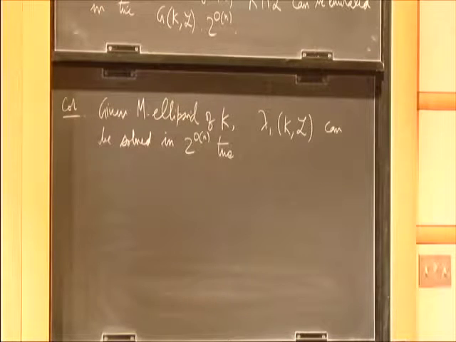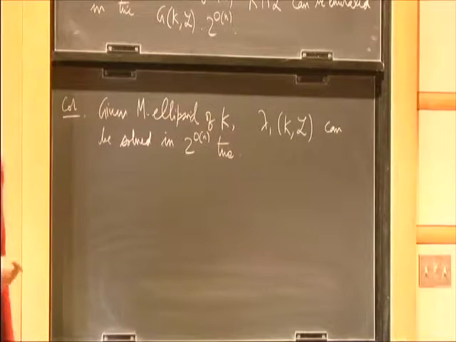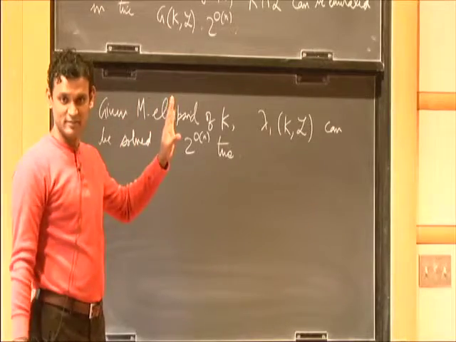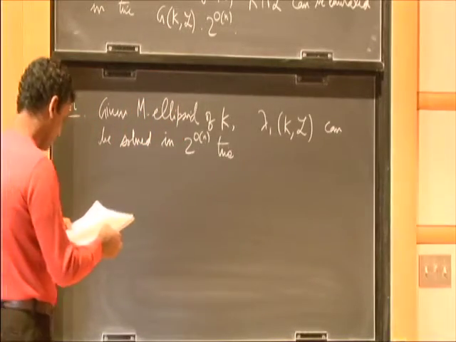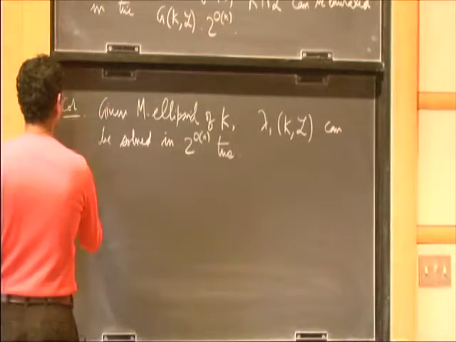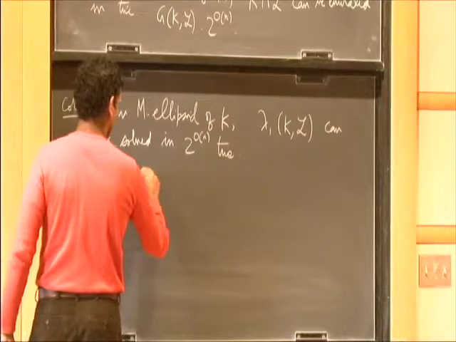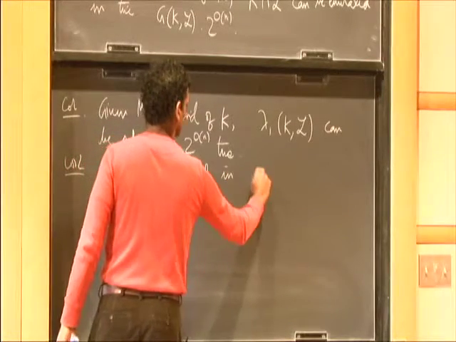Given an M-ellipsoid, yes, everything is deterministic. I'll prove this. Yes, it's deterministic. But given the M-ellipsoid explicitly. And as a corollary of this, IP can be solved in n to the 4/3 n.